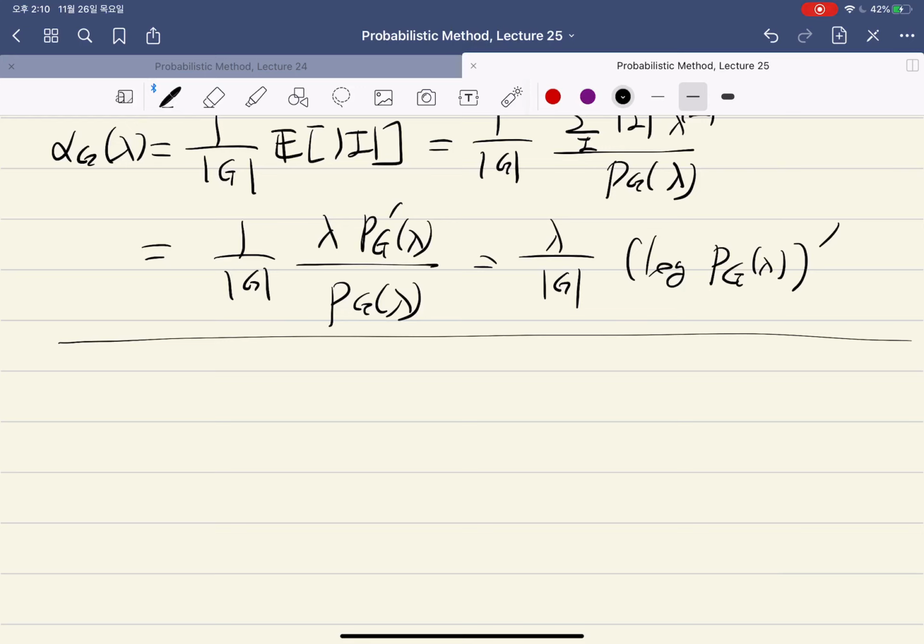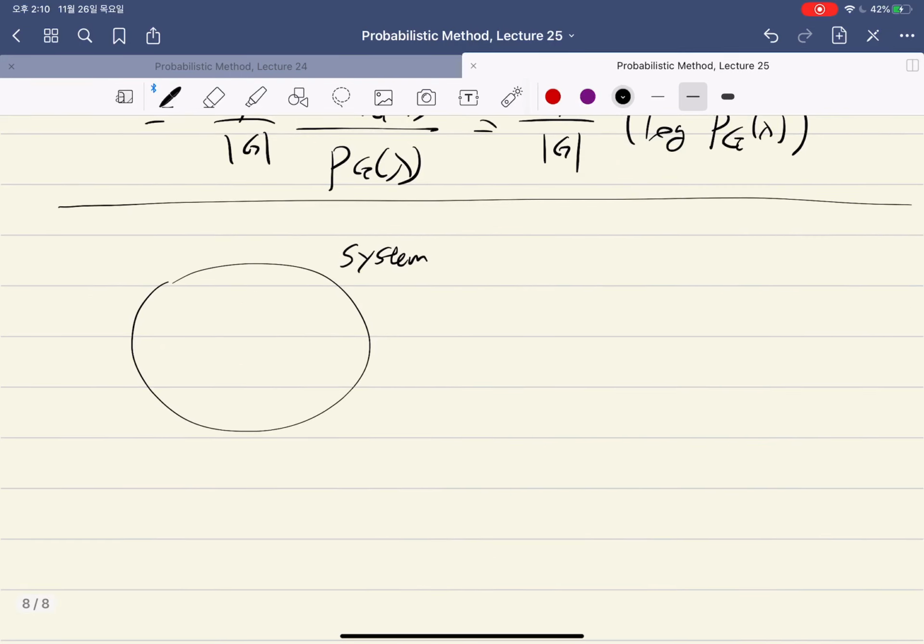So why this model? Imagine you have some physical system. In physics, there are some atoms, and those atoms are occupying some spaces. And of course, in a physical system, atoms cannot occupy two close spaces.